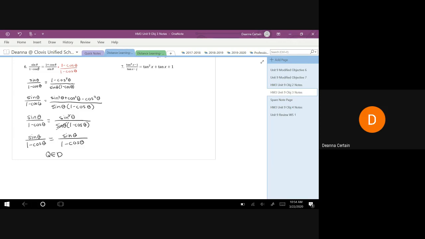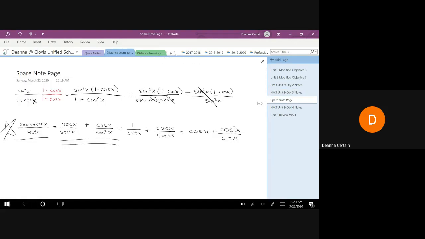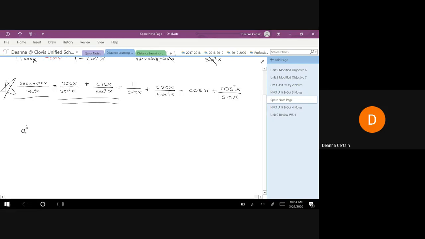I will say that working with the left side probably is going to be faster for this one, because the numerator on that left side is a cubic factor. So cubic factoring reminder, if we have a cubed plus b cubed, and we know we can factor that, it's a plus b, times a squared, opposite sign ab, always positive b squared.